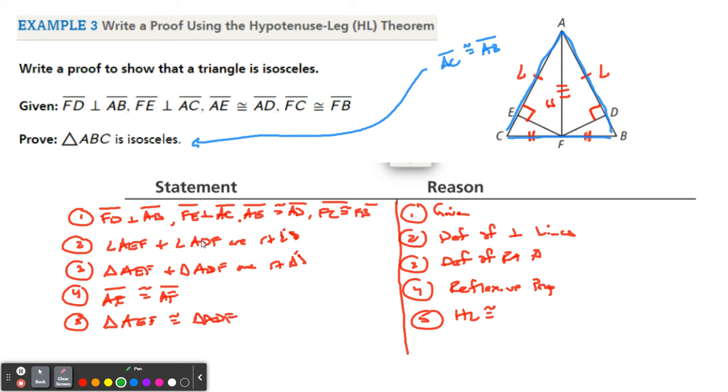Because these top two triangles are congruent, EF and DF will also be congruent. So this is going to be step 6. Segment EF is congruent to segment DF, and that's by CPCTC. Okay, so we're halfway there.